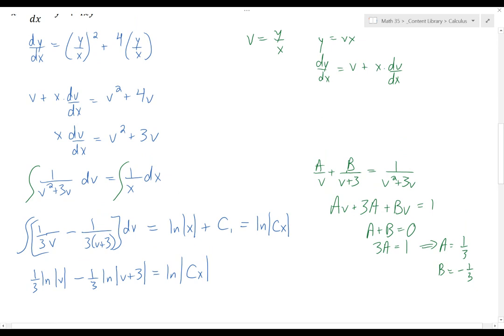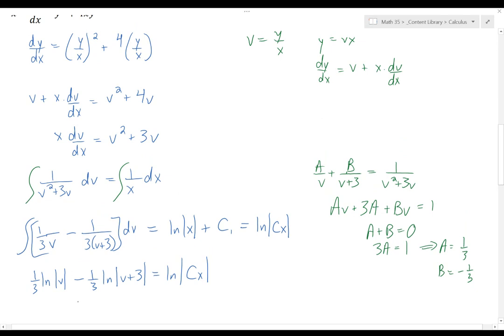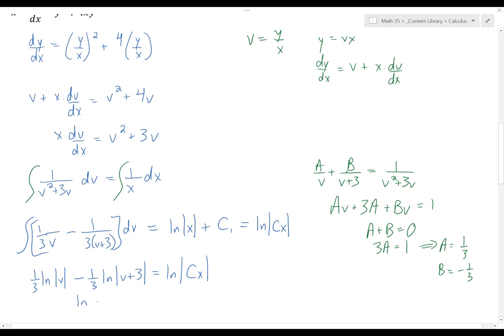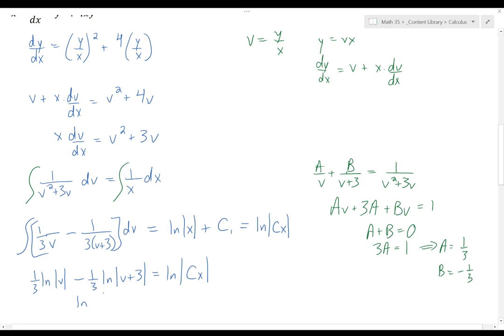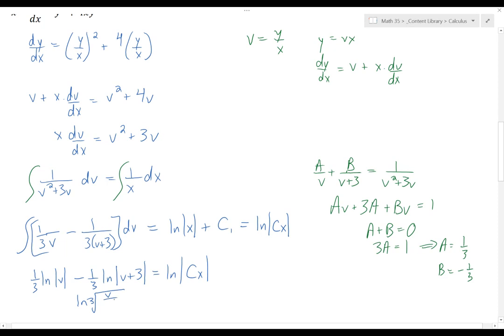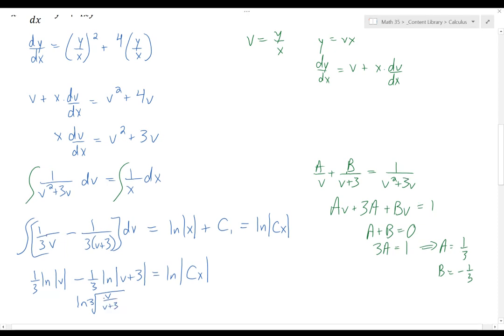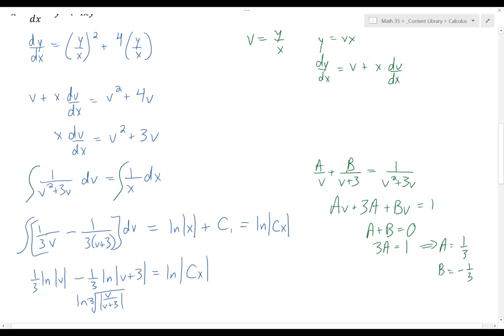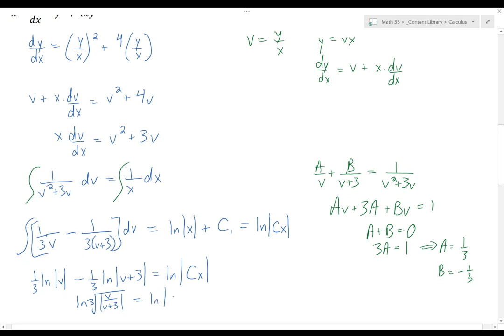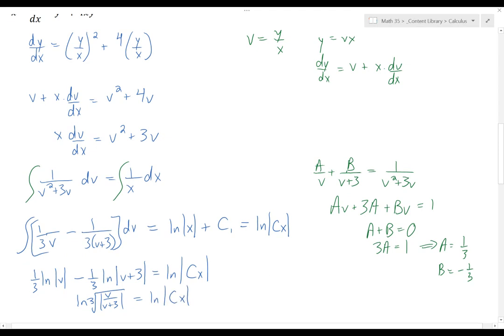So using log laws, these are both now going to be essentially cubed roots. So I've got ln of the cubed root of v over v plus 3 equals ln of cx. But now that it's just ln on both sides, I can let that drop.